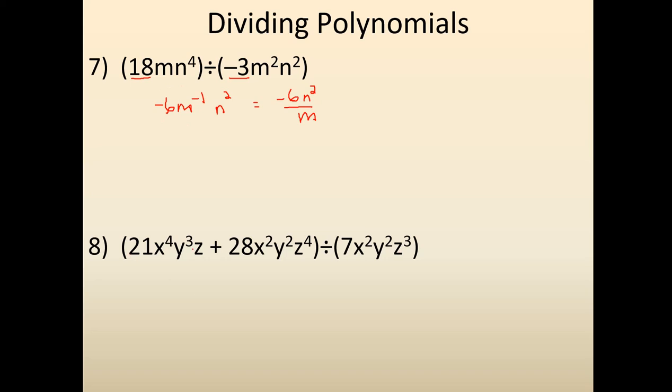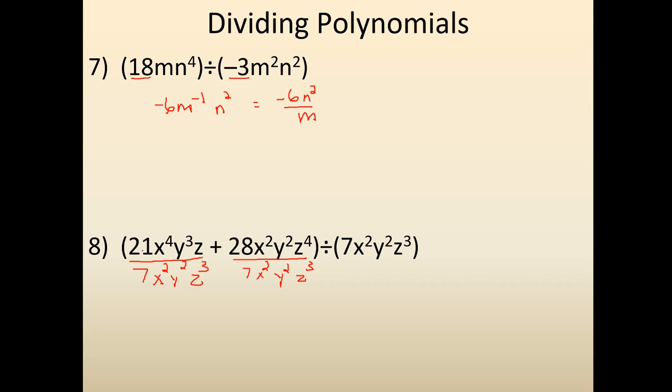All right. So going back to this one, here we have a binomial divided by a monomial. So I'm going to rewrite it so it's this divided by 7x squared y squared z cubed, and this divided by 7x squared y squared z cubed.